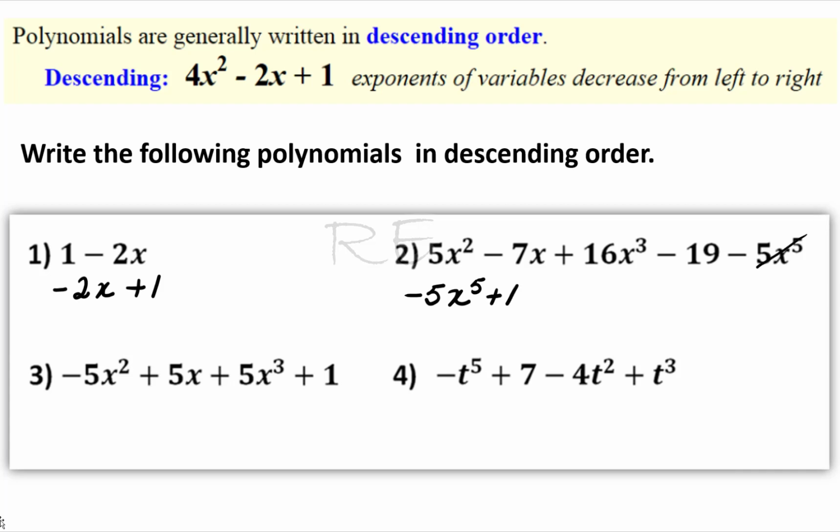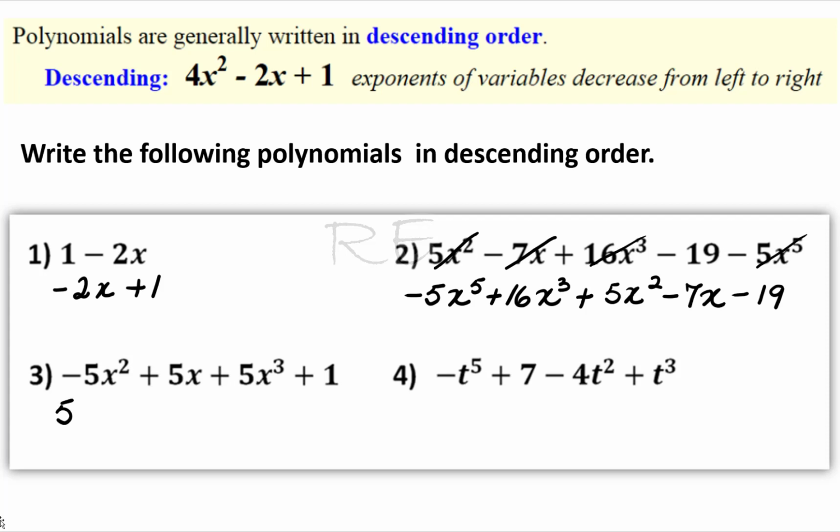The second highest is x to the 3rd, plus 16x to the 3rd, plus 5x squared, minus 7x, minus 19. Exponents are decreasing from left to right.